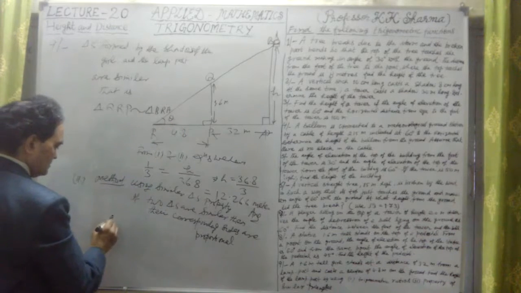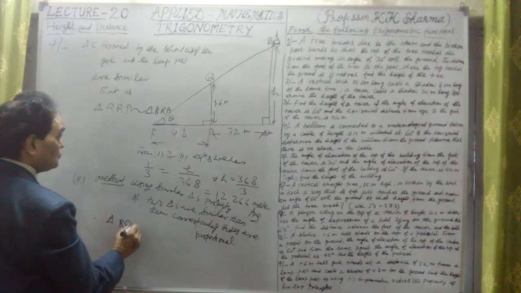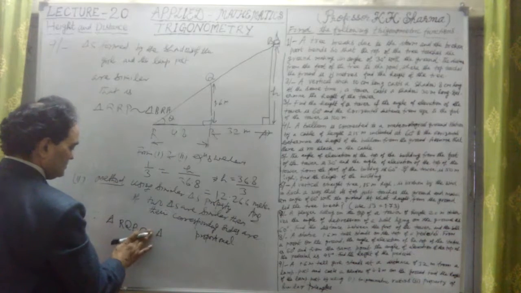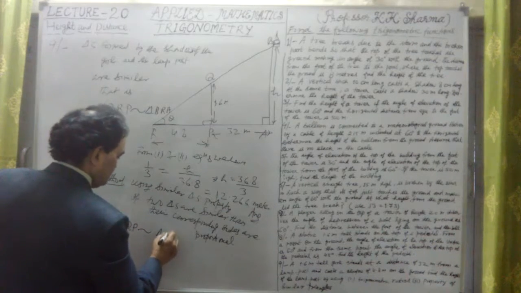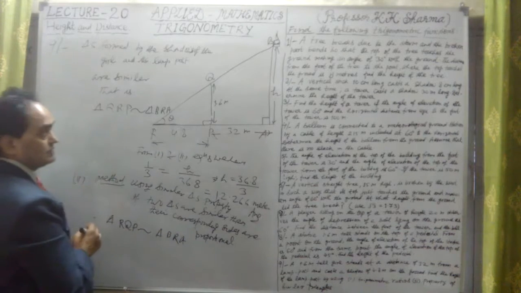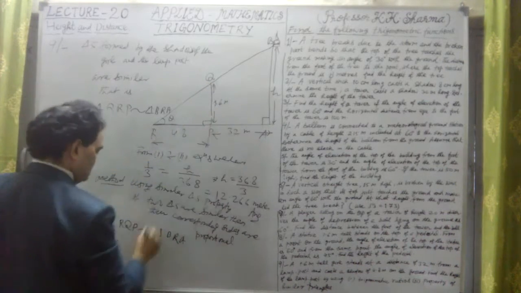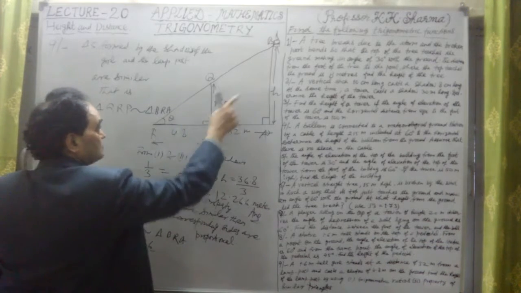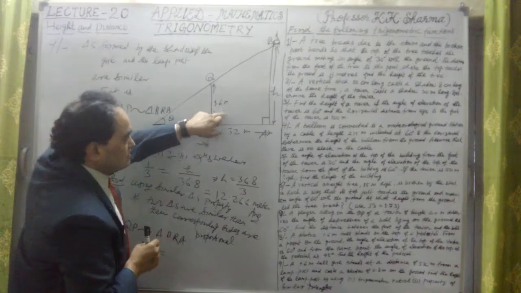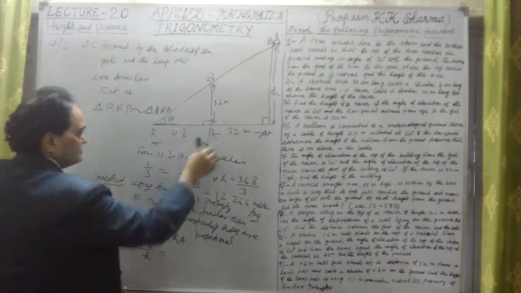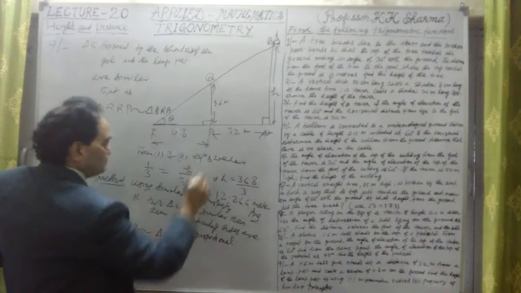Now since triangle PQR, or RQB, is similar to triangle BRA, therefore this side, height 1.6 upon H. The smaller triangle's height and this height must have the same ratio, and the base equal to 4.8, the length of the base, upon this 36.8.